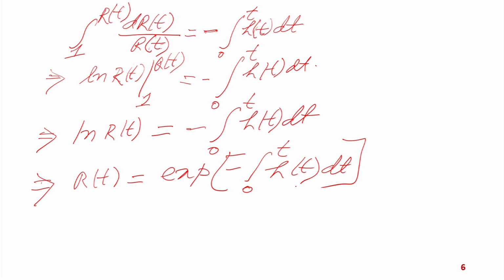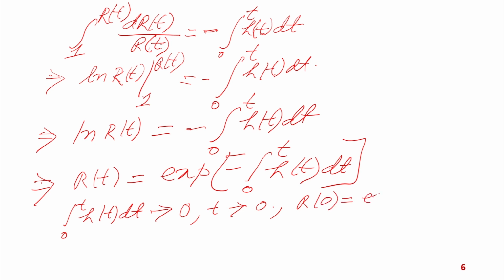Now we can notice one thing: the integral from 0 to t of h(t) dt will tend to 0 when t tends to 0. So, what does it mean? That R of 0 is equal to exponential 0, which is equal to 1. That we already said, that at the beginning all the elements are working, so the reliability is 1.